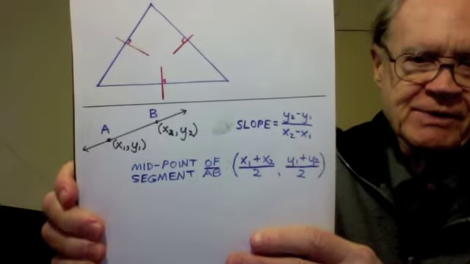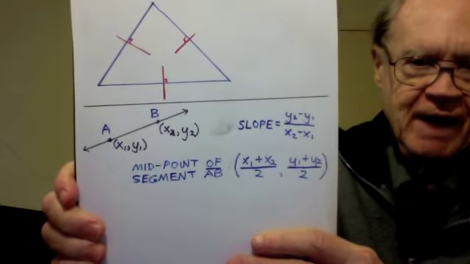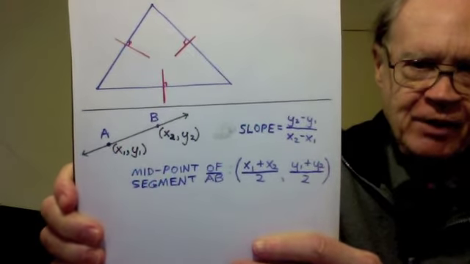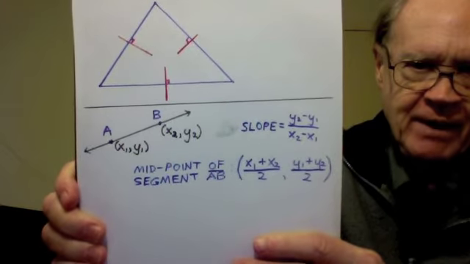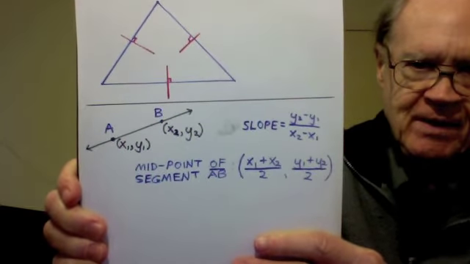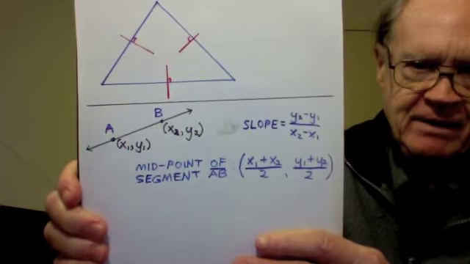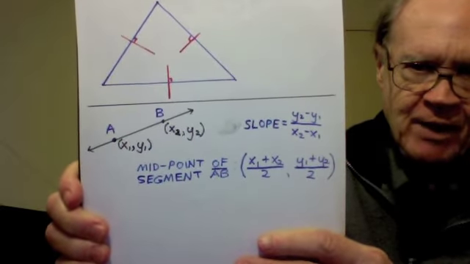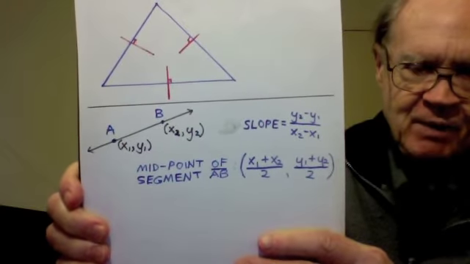These geometry students have studied that if you have a line with 2 points given on it, having coordinates x1, y1 and x2, y2, then the slope of that line is the fraction y2 minus y1 over x2 minus x1.